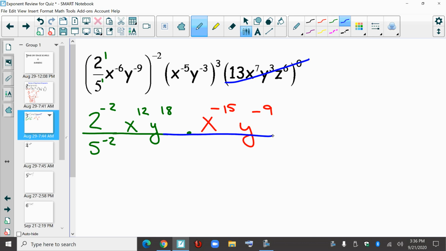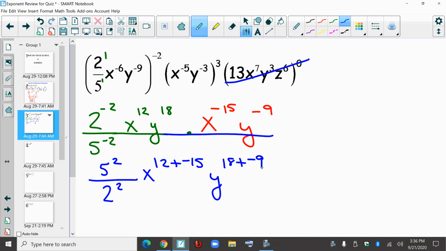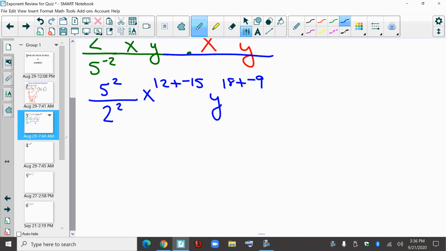So now we can extend that bar, and now we can say, should I stay or should I go? The 2 to the negative 2 goes to the bottom and becomes positive 2 squared, and then 5 to the negative 2 goes to the top and becomes 5 squared. I'm going to add my exponents together on my x's and on my y's. 5 squared is 25, 2 squared is 4.